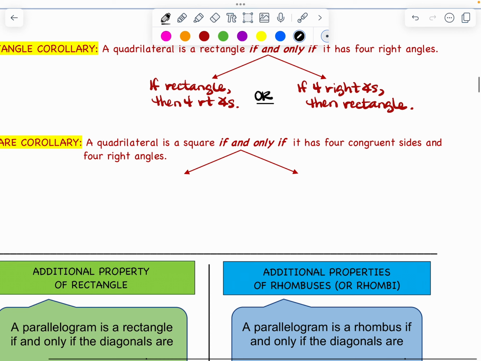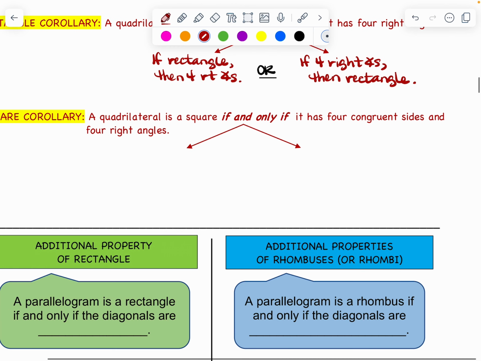And lastly, with the square corollary, a quadrilateral is a square if and only if it has both four congruent sides and four right angles. So you guessed it. Here we go.